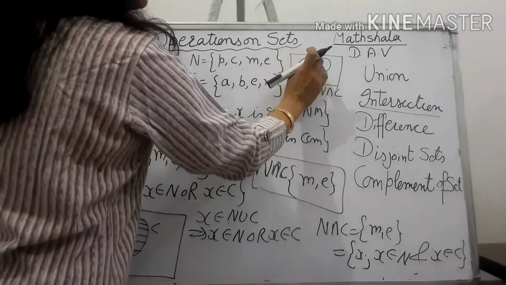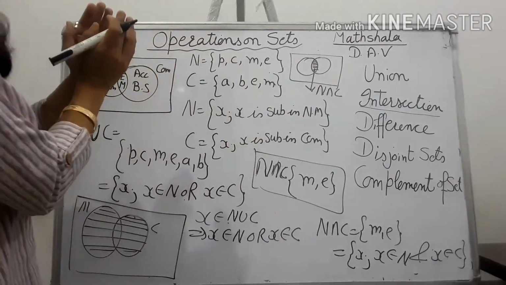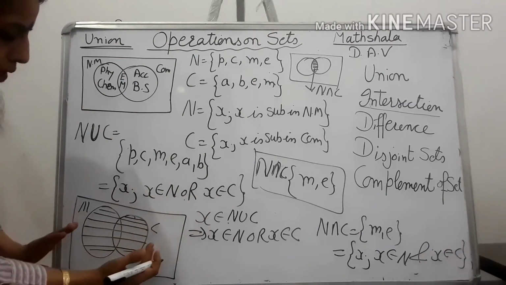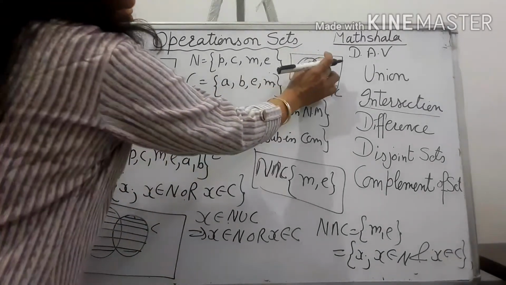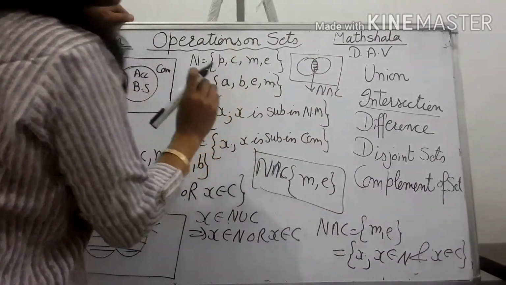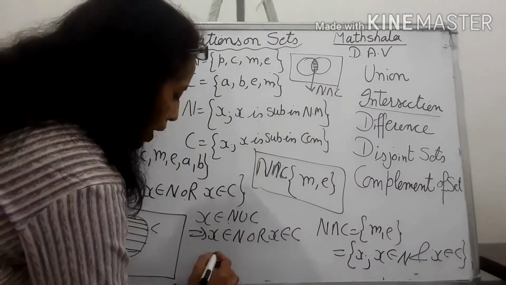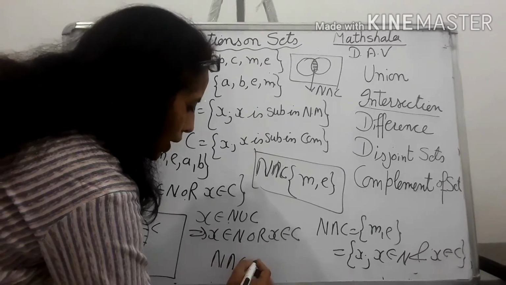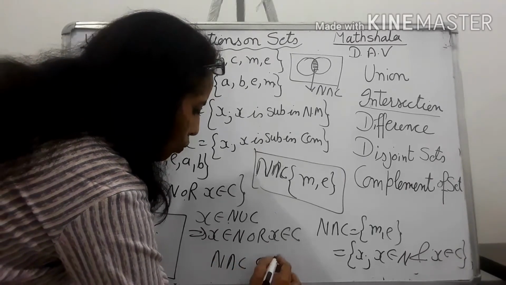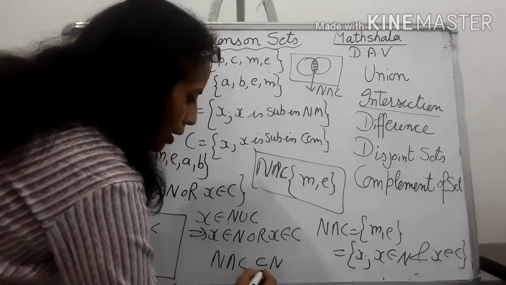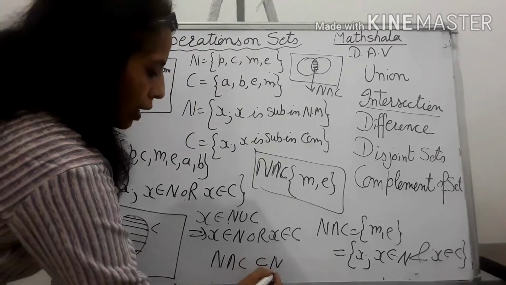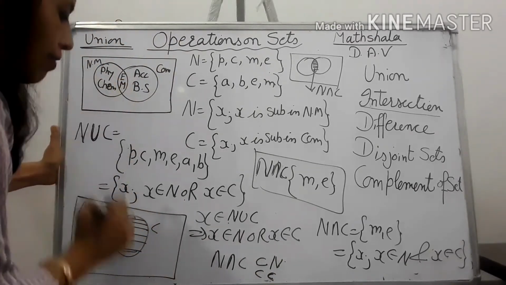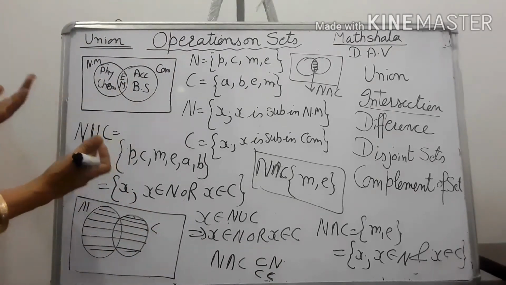So intersection is always a small set, union is always a broad set. The biggest set is the union, and this is the intersection. N intersection C is always a subset of N union C. It will be a subset of N as well as a subset of C, but every set is a subset of its union.